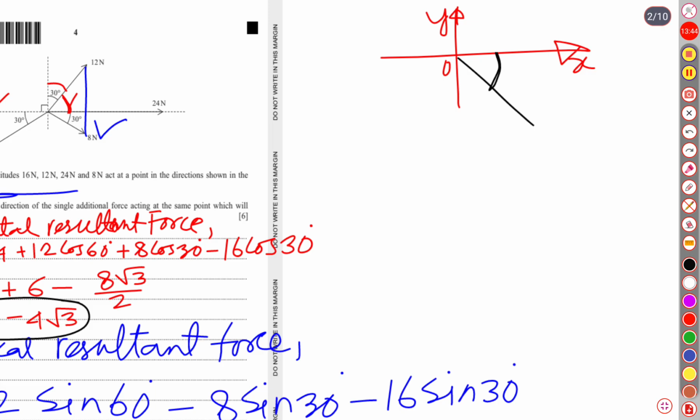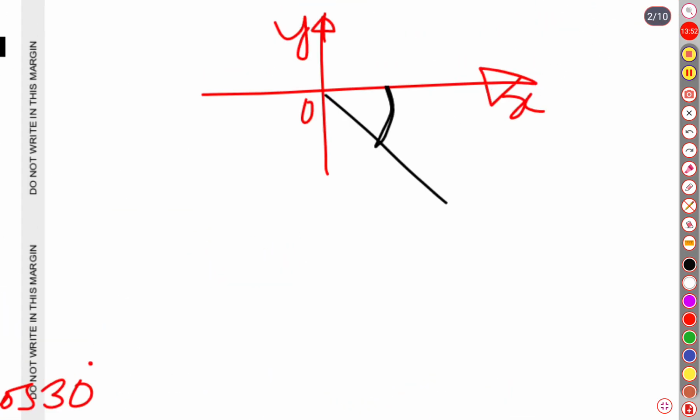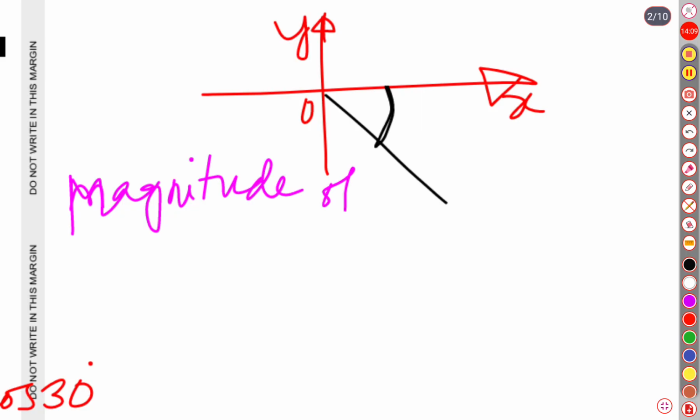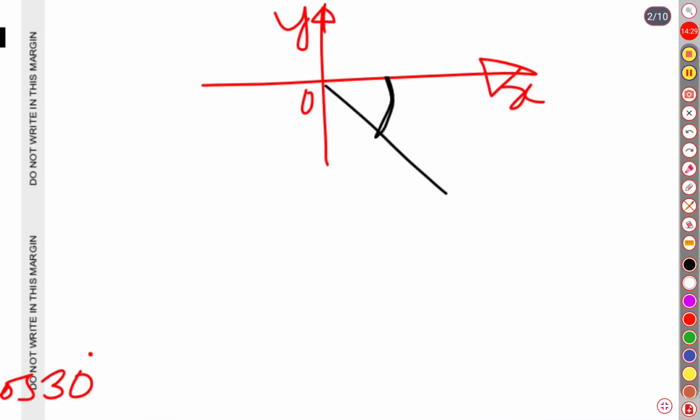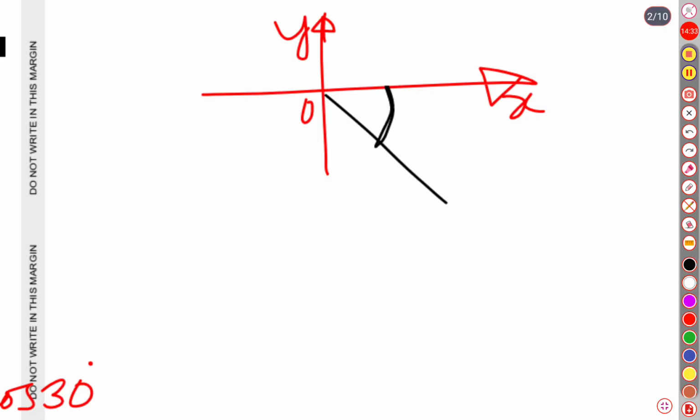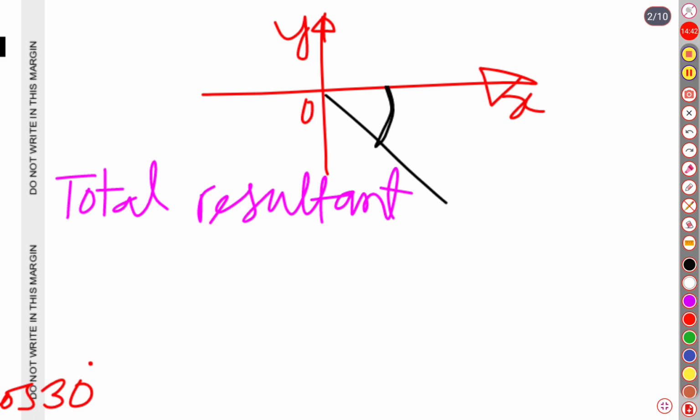So let us find the magnitude of the total resultant force.